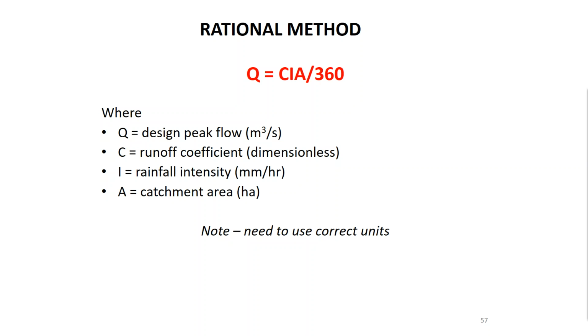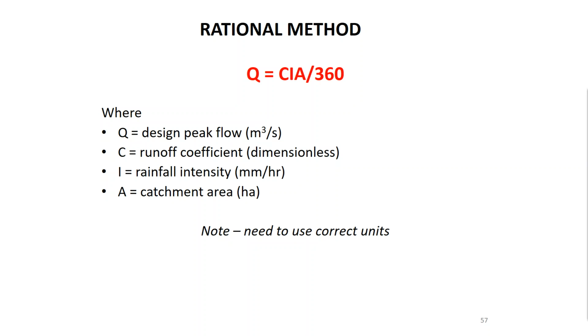Meters cubed per second is not a very convenient unit, except for very large catchments. So normally we convert that to liters per second, but in the equation, the result will come out in cubic meters per second. C is the runoff coefficient. We'll talk a bit more about that later on. It's a dimensionless unit. I is rainfall intensity, which is millimeters per hour, and A is the catchment area in hectares.